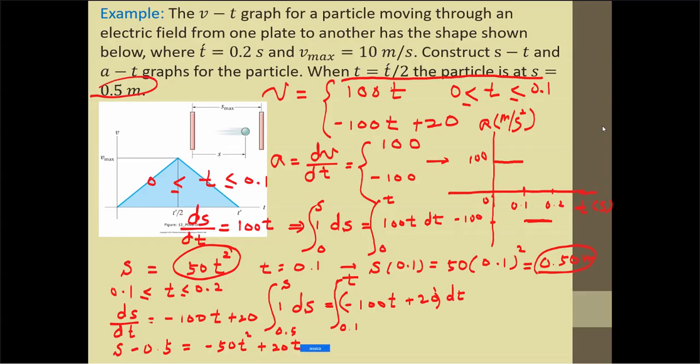Then evaluate with lower limit 0.1 and upper limit any time t. You can evaluate this one. All right, then. Plug in the upper limit t: negative 50t squared plus 20t.